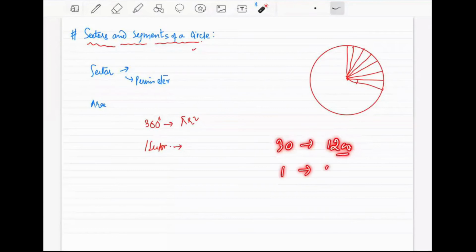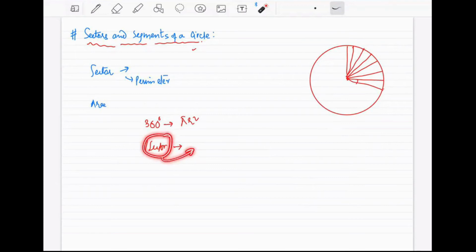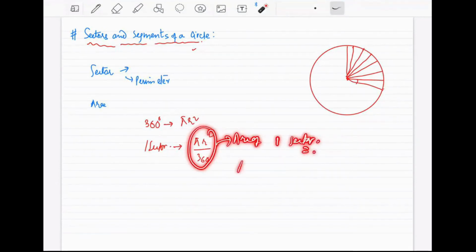What is the cost of one pen? You have to divide 1200 by 30, right? So for 360 sectors, the area is pi r square. For one sector, the area will be how much? You have to divide pi r square by 360. This is the area of one sector where the sectorial angle is 1 degree.